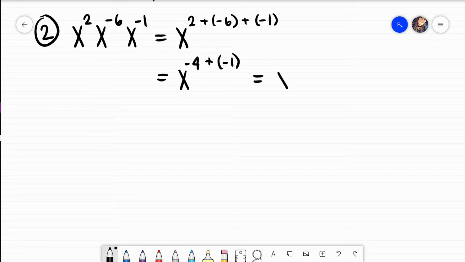So I have x and then negative 4 plus negative 1. Those signs are the same, so you add them together and you keep their sign. And then what? Hopefully you didn't say you're done, right? Because there's no way this could be an answer because correct answers never have negative exponents in them.